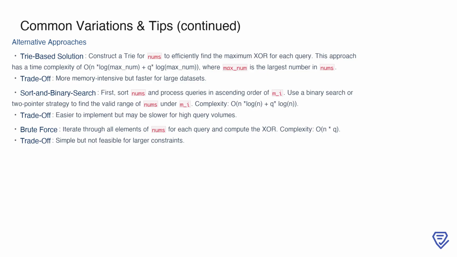Lastly, there's the brute force method, which involves iterating through all elements of nums for each query to compute the XOR. While this method is simple and straightforward, it's not feasible for larger constraints due to its O(n * q) complexity. Each approach has its merits depending on the constraints and requirements of the problem.